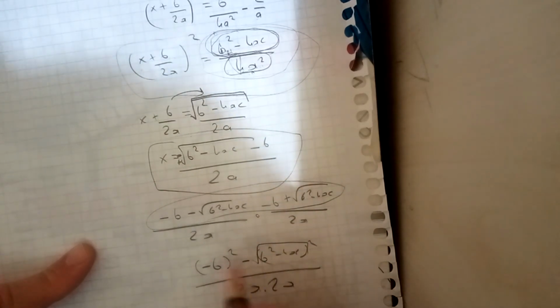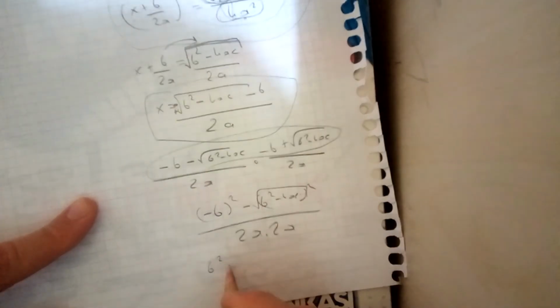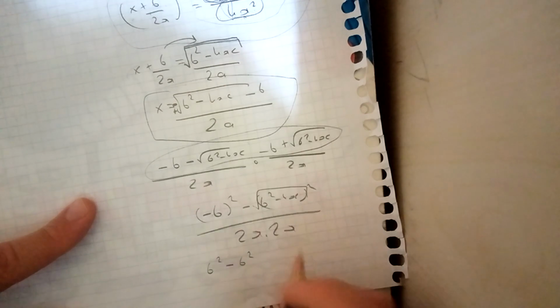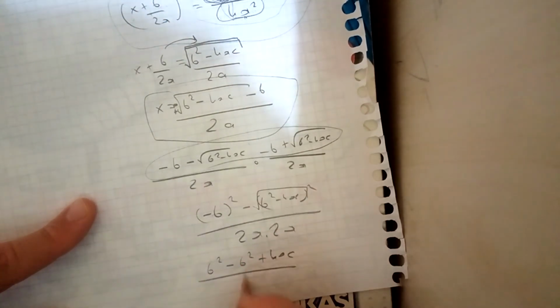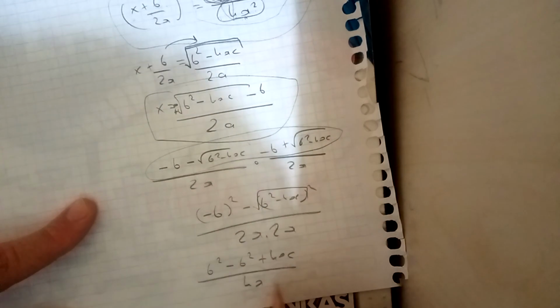when we take the squares of these two terms, we are gonna obtain b square minus b square plus 4ac over 4a square.